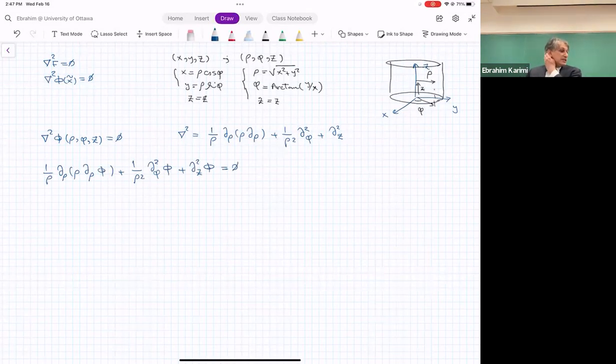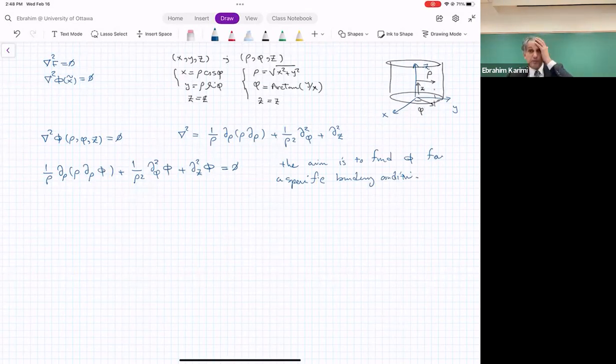This is the problem we have to address and find a solution for. Don't forget, the aim is to find phi for a specific boundary condition. So we will solve the problem in general, and then apply the boundary conditions.